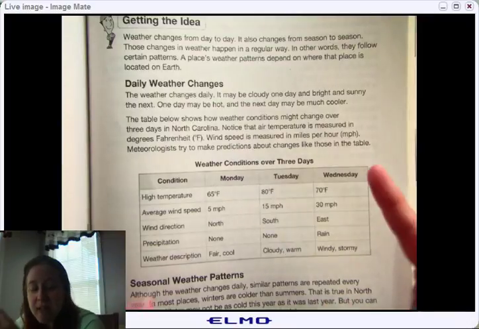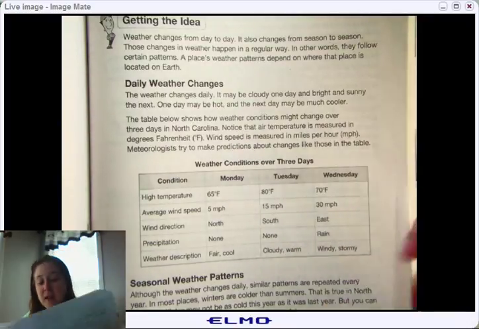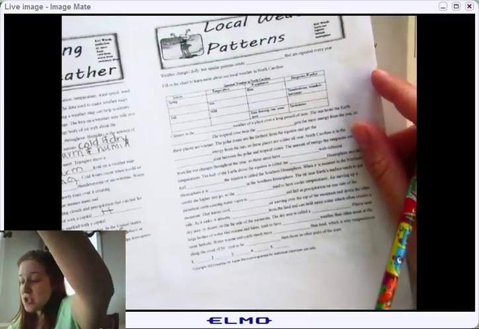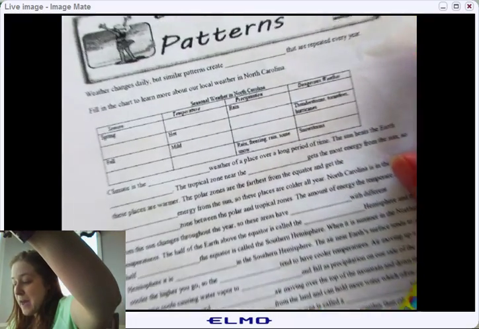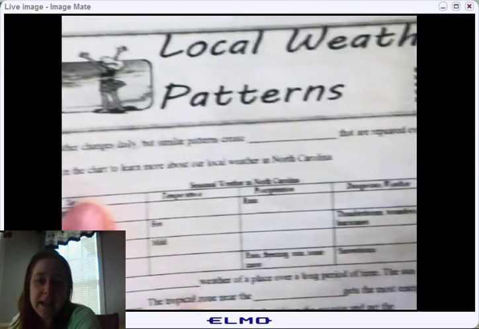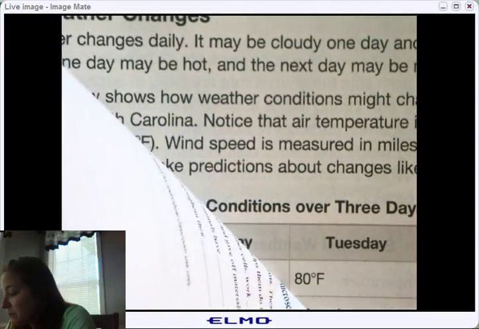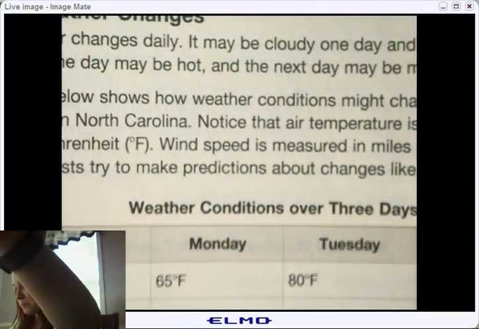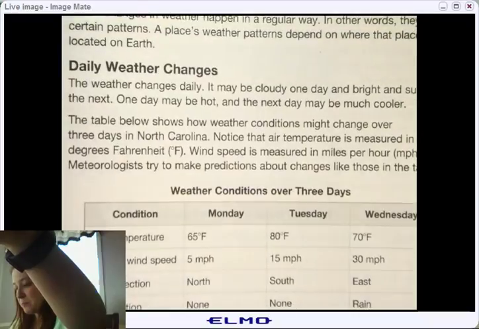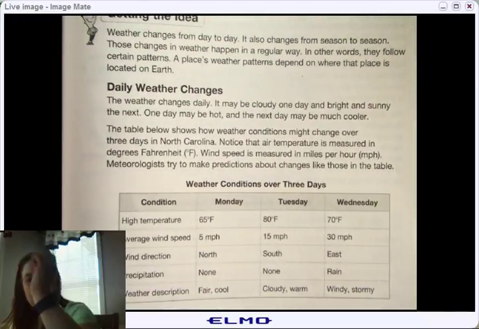So it's possible. If you'll take a moment right here, it says weather changes daily, but similar patterns create blank that are repeated every year. Okay, we have not gotten to that part yet.